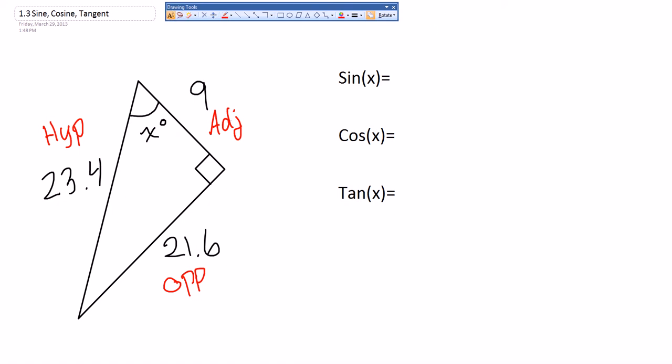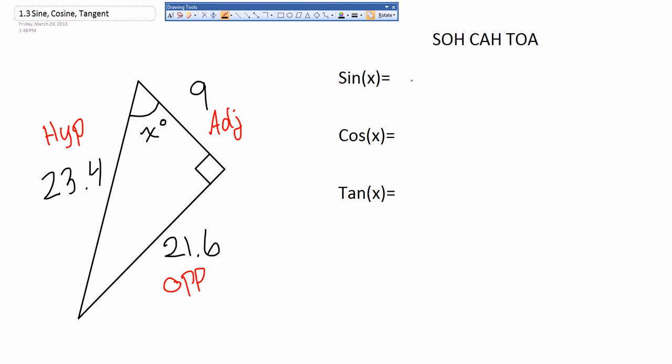Remember that we're going to be using SOH CAH TOA, and this is really helpful. Now remember, it's going to be on your data sheets, you're always going to have it. But SOH CAH TOA is something that I strongly recommend that you practice, just because it's a handy way to get it ingrained in your memory.